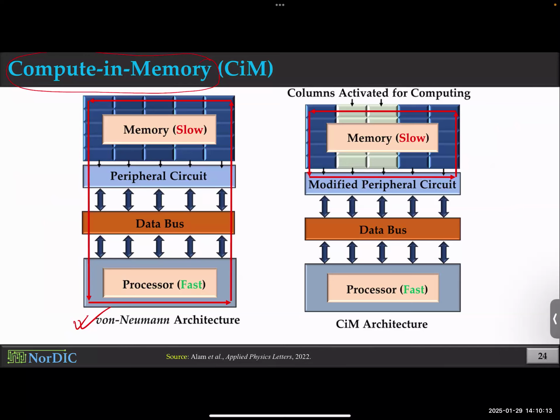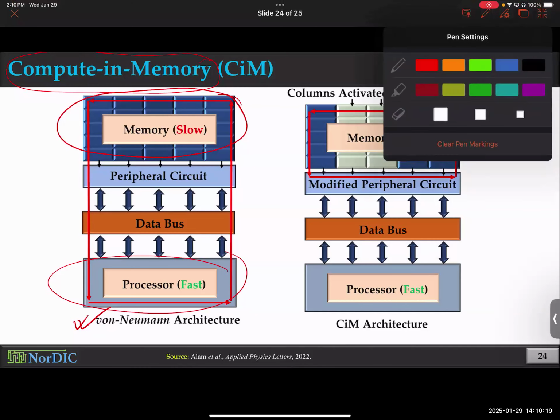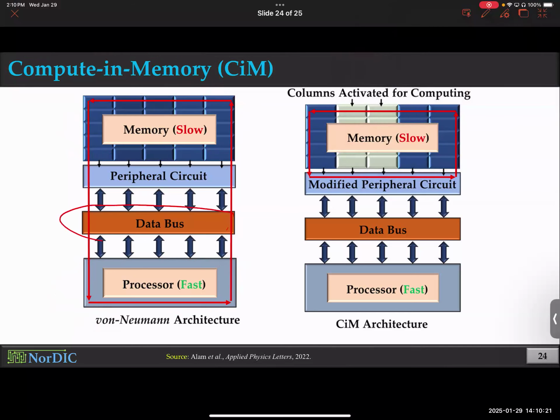So his architecture used a separate memory block and a separate processor block. And then there was a data bus and some peripheral circuit. These are all simplified concepts, as you see. So using the peripheral circuit, we need to bring information from the memory to the data bus, and the data bus feeds that into the processor.